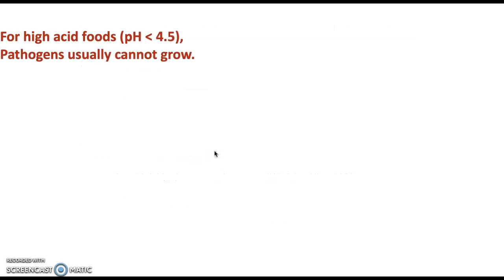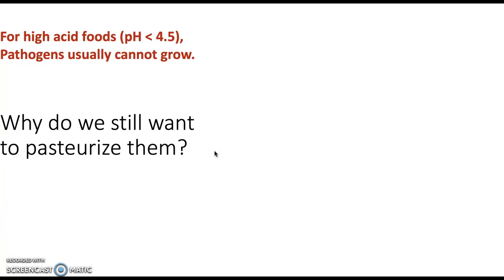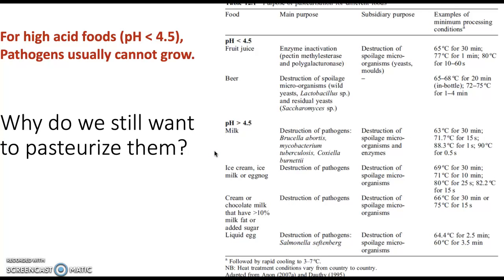But for high acid food, the pathogen is typically not a big concern. So why do we still want to pasteurize them? Well, here's the table showing why we are doing so. Depending on the type of food, for example, if we're dealing with fruit juice, the main goal here is to inactivate enzymes, especially the pectin enzymes, and the secondary purpose is to kill the spoilage microorganisms.